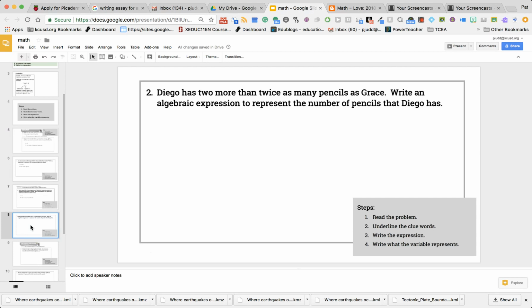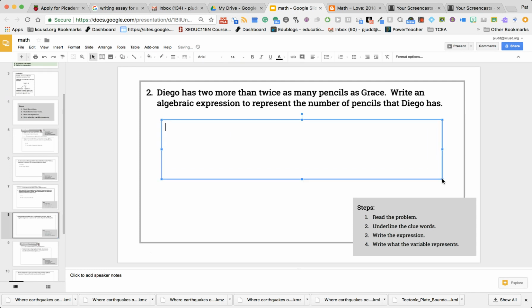Okay, time to check back in. This time, B's, get ready to say what you underlined for the clue words. Ready, go. Okay, and I have no doubt you said that 2 more than was a clue word, and then twice as many pencils as Grace, and then the algebraic expression that was written.